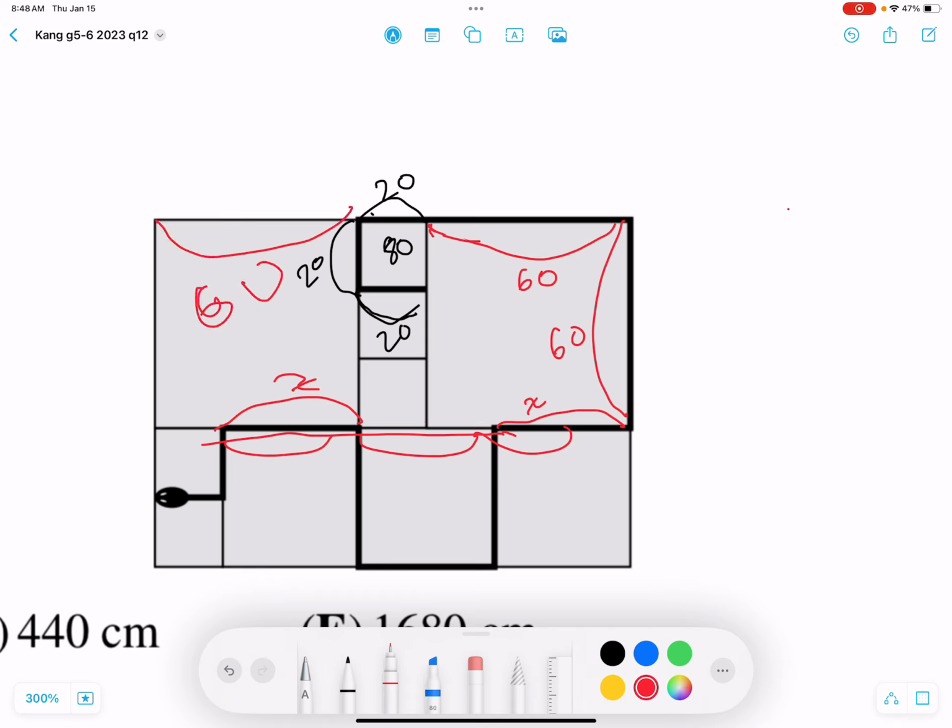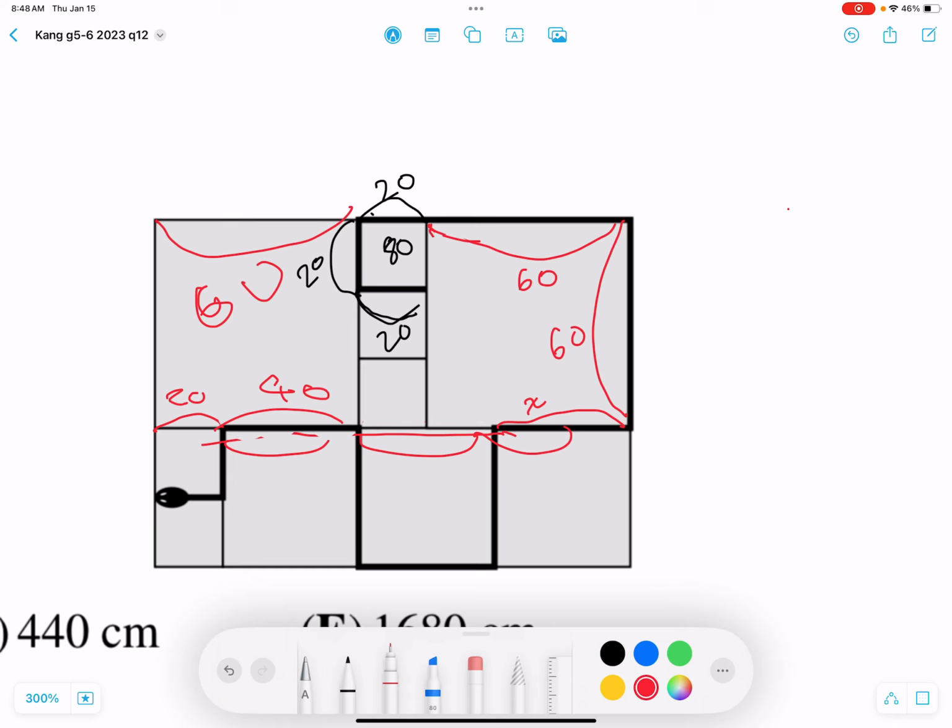And this is 20 because it's the smaller square. This is easy math. If this is 60 and this is 20, then this thing has to be 40, okay? So this is 40.